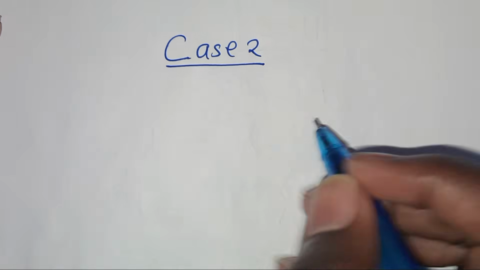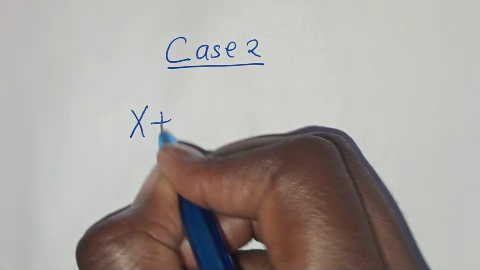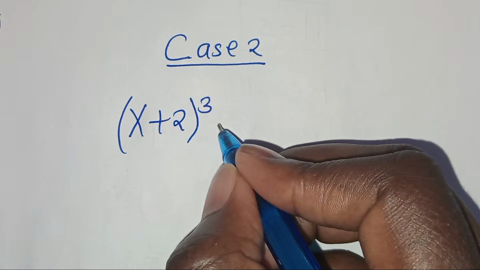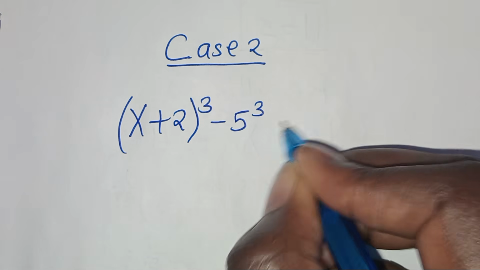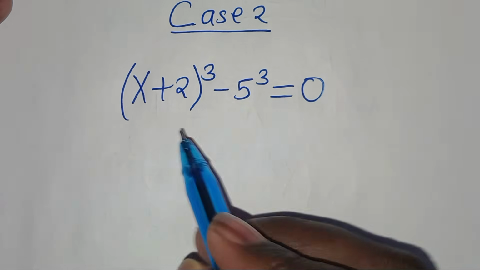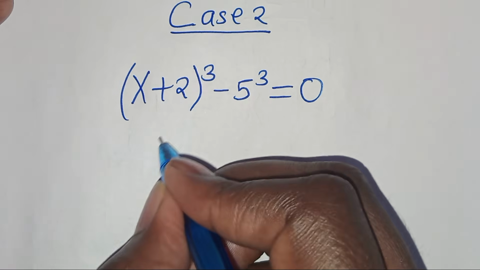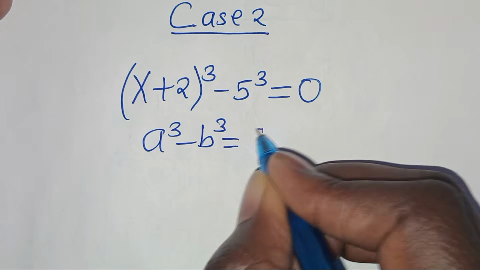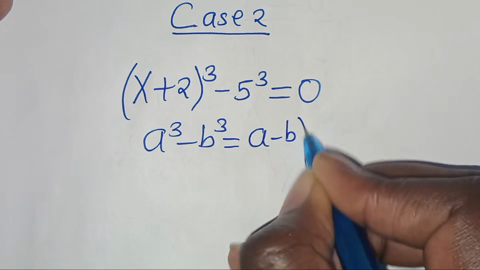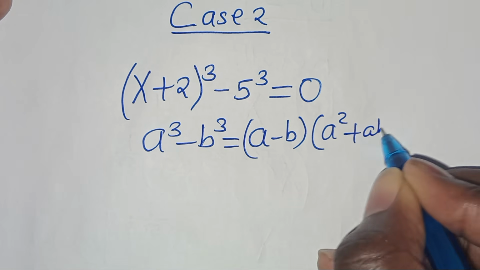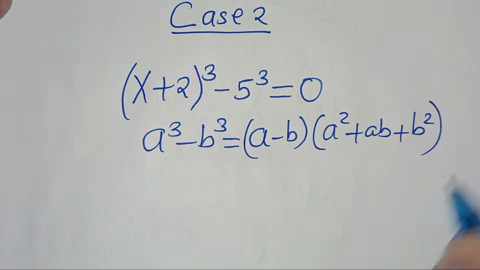Now in case 2 here, we have x plus 2 raised to the power of 3, then minus 5 to the power of 3. This is equal to 0. Now, this is the difference of two cubes, expressed as a to the power of 3 minus b to the power of 3, which we can express as a minus b, times a to the power of 2 plus ab plus b to the power of 2.